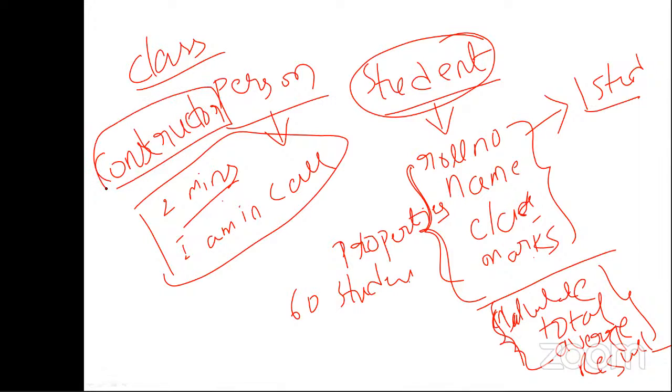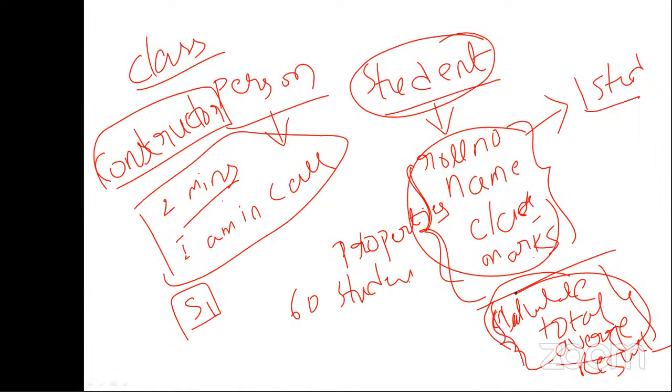A constructor is one type of special method which executes automatically when a particular object is created. Assume S1 is an object I am going to create, with all these properties and functionalities.